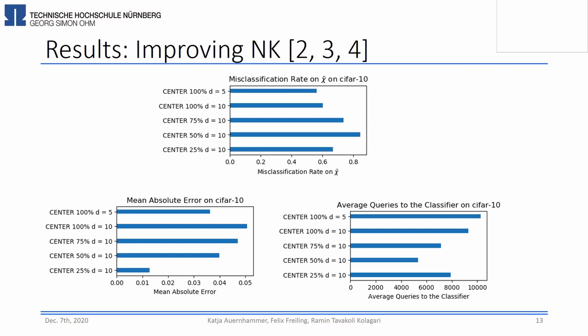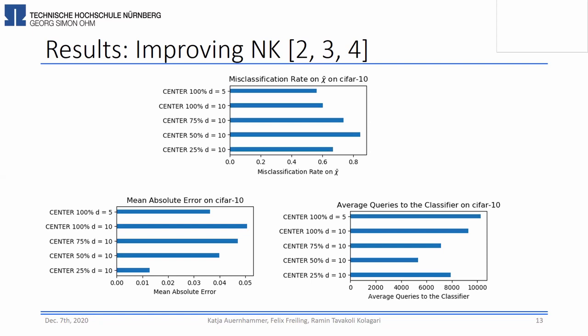It still is higher than in the original run, but it is smaller than after our first improvement. We also increase the misclassification rate further. Center 25% does not perform as well, but the center 75% and the center 50% masks perform very well.